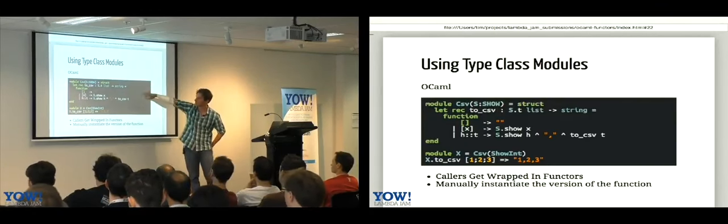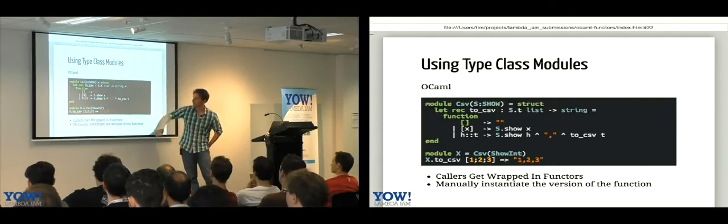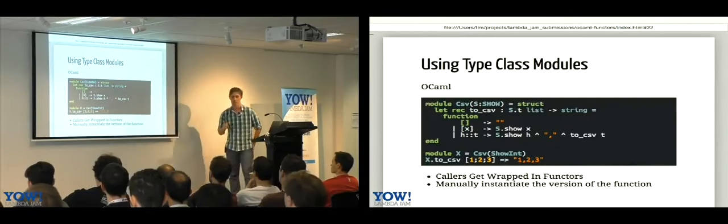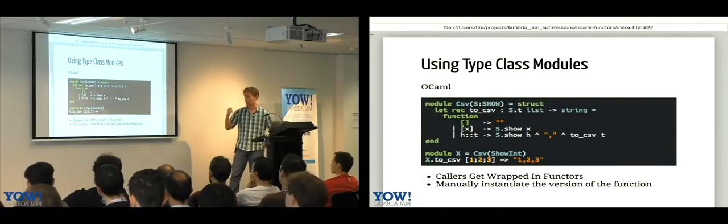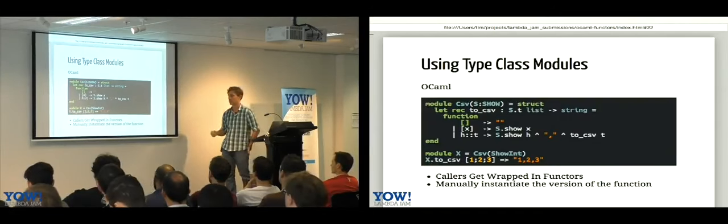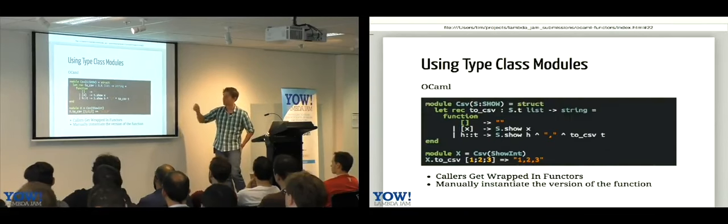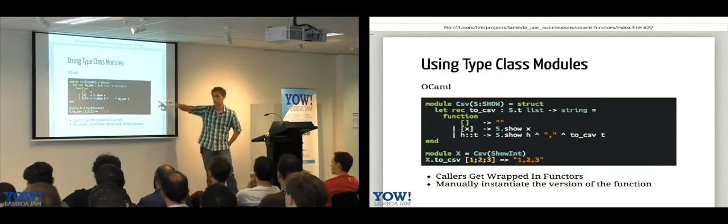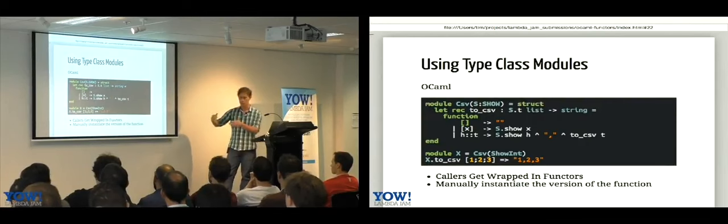So we've got this functor here, it's across S. We've defined some implementation for showInt, and then we need to instantiate with that functor a module X, and then we can call the toCSV. And in here it's just doing to ints. But you could imagine if you did some implementations of showInt or for real numbers or strings or something else, you could call it in the same way.